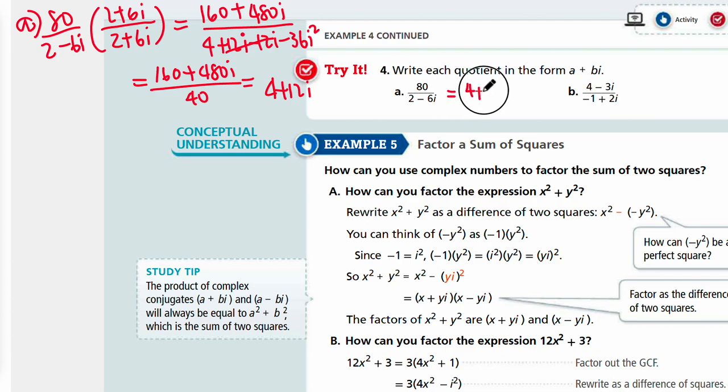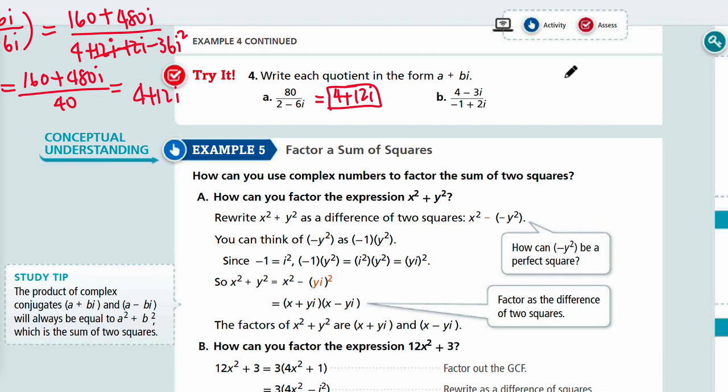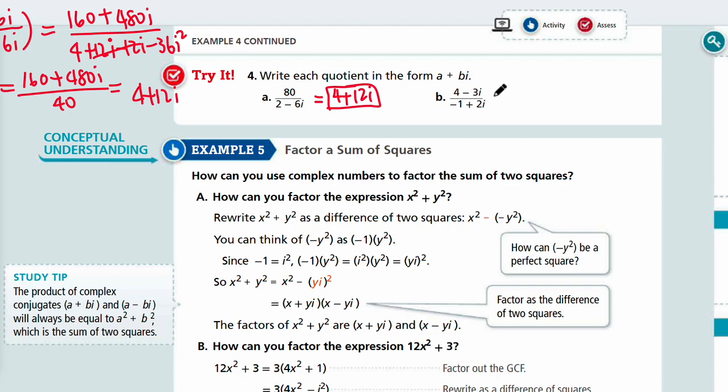So 4 plus 12i should be your final solution for A. Part B, you're going to do the same thing, and if you multiply the complex conjugate and simplify, you should get negative 2 minus i. Okay, so if you got both of them correct, good job. If you didn't, please go back and try to solve it again.